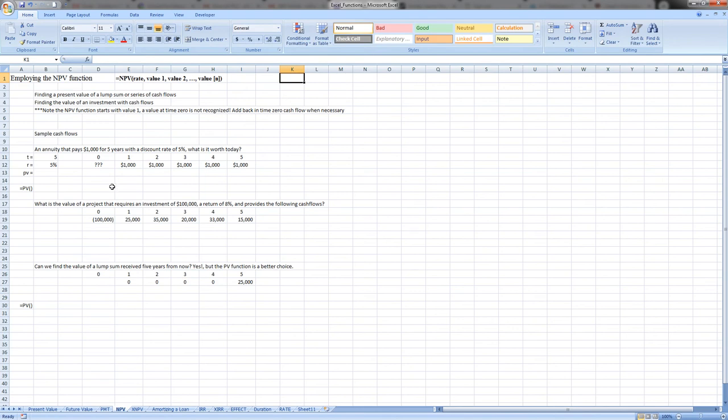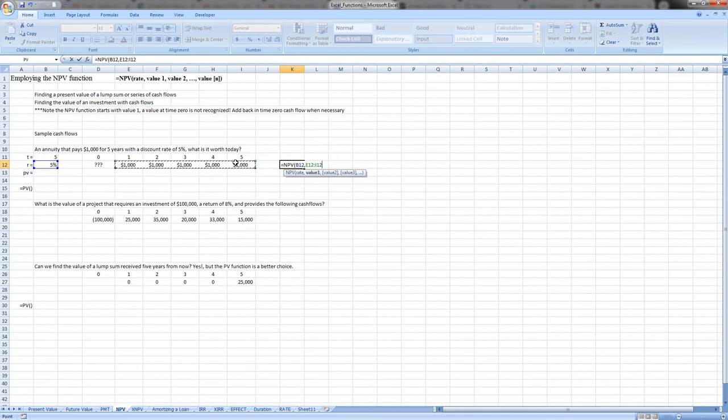So our first setup is we have an annuity that pays $100 for 5 years with a discount rate of 5%. What is it worth today? So we want to know, what is it worth at time 0? We just simply type in =NPV. We indicate the rate, and then we simply capture all of the values that we want to reference.